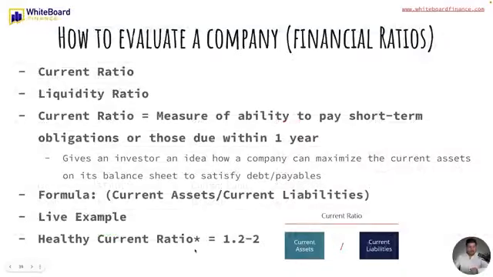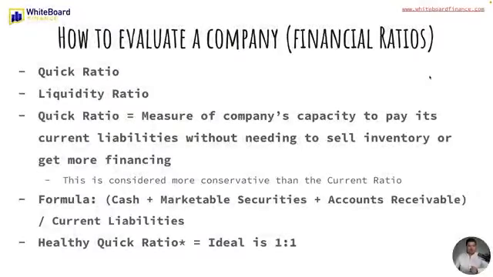Again, we were shooting for a healthy current ratio of 1.2 to 2, but again, Apple has a ton of cash. They are a healthy company. This depends on industry. So if we move forward, we're going to do the quick ratio as well. This is very simple. This is also a liquidity ratio. This measures the company's capacity to pay its current liabilities without needing to sell inventory or get more financing.